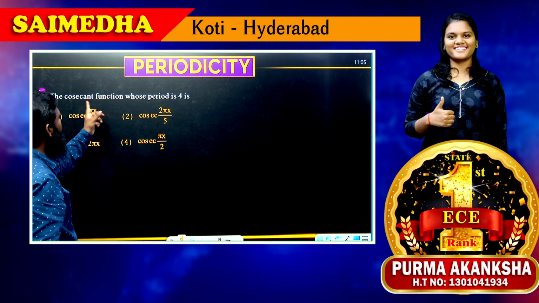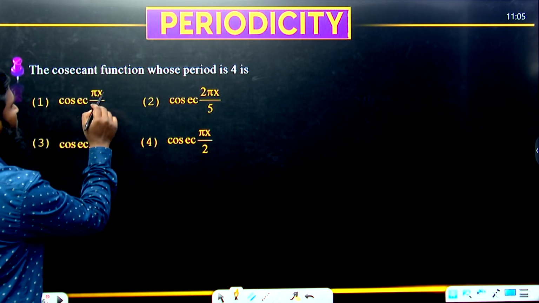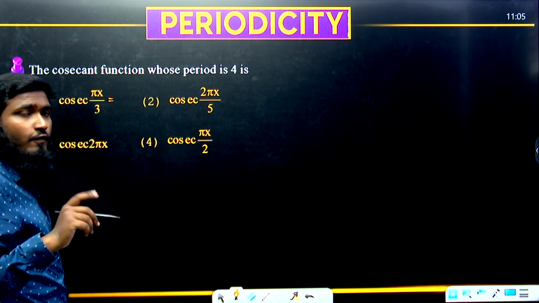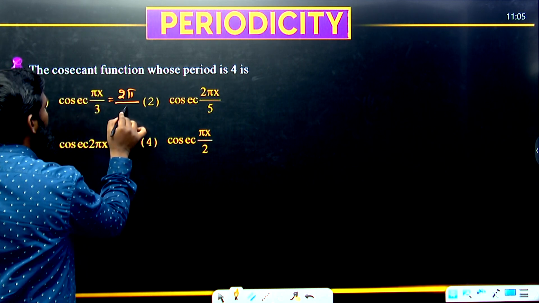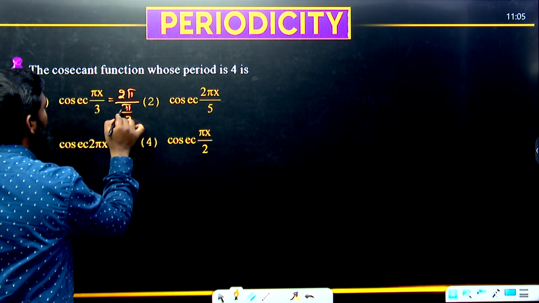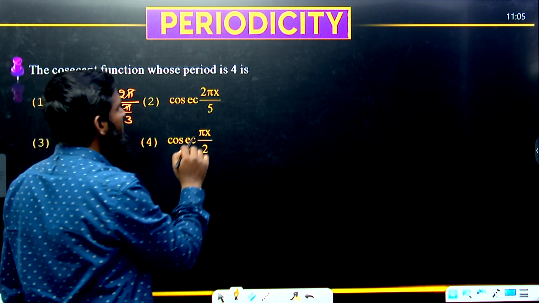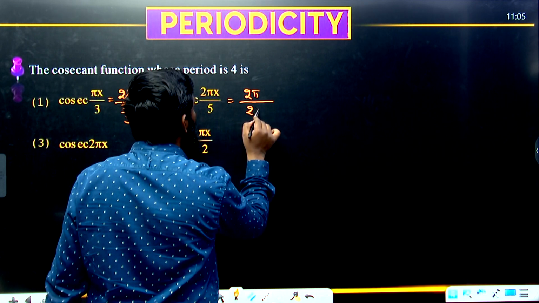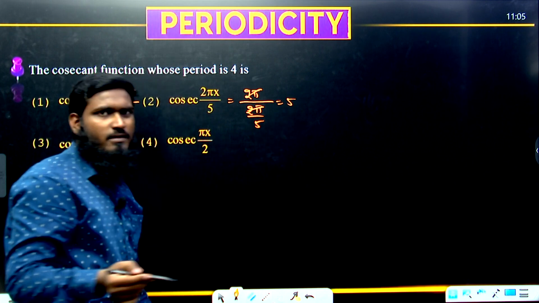Next part, the cosecant function whose period is equal to 4 is given. For cosecant, what is the T value? 2 pi. 2 pi divided by pi by 3, pi gets cancelled, 3 2s are 6. Now with this part, 2 pi divided by 5, 2 pi gets cancelled, the answer is 5, that is also wrong.